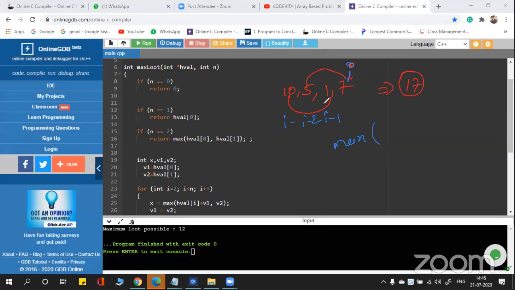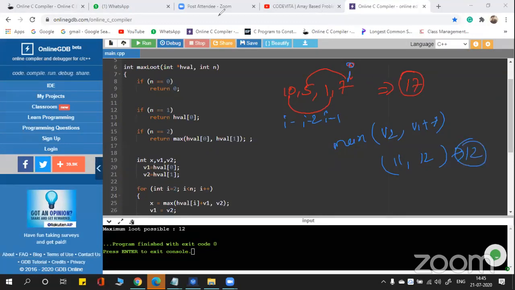So I minus 1 is nothing but V2, comma, I minus 2 plus I, that is V1 plus 7. So it will be 11 comma 12 and it is giving us 12. But our output should be 7.